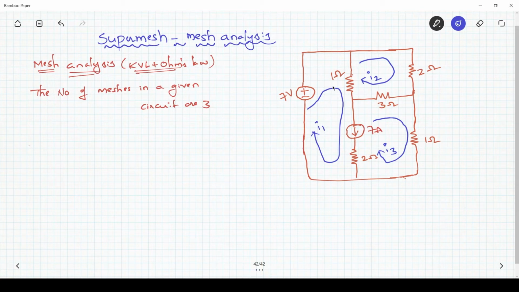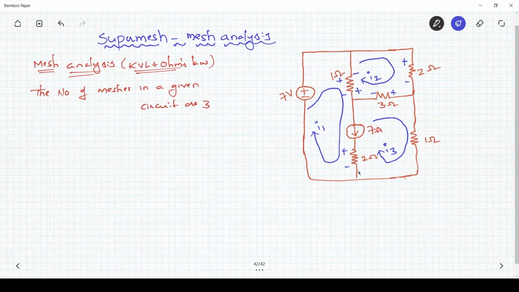The next step is to indicate the polarities in the assumed current direction. So here you will get plus minus. I2 is flowing in clockwise direction here. Here the polarity is plus minus, here plus minus.